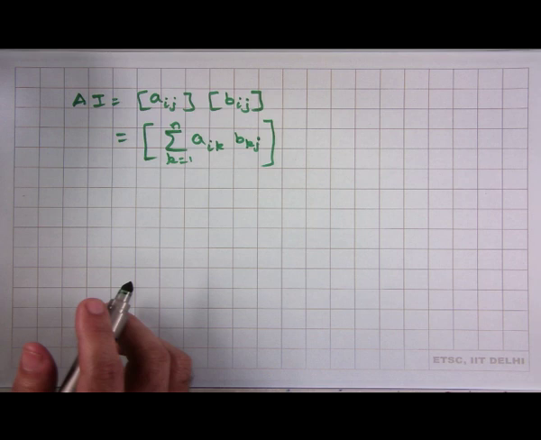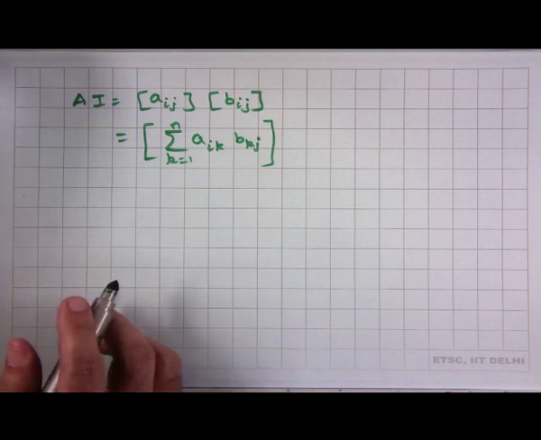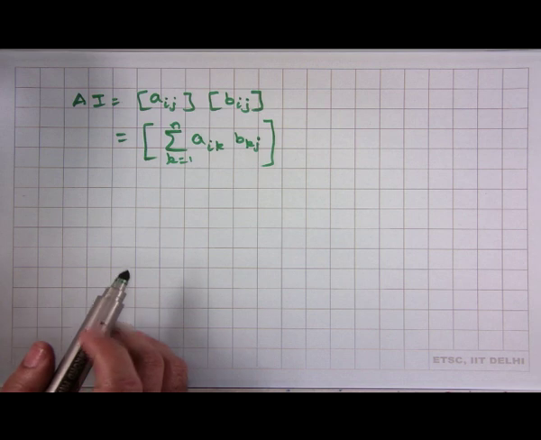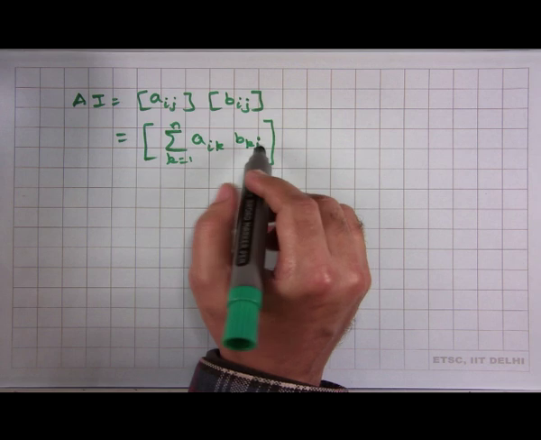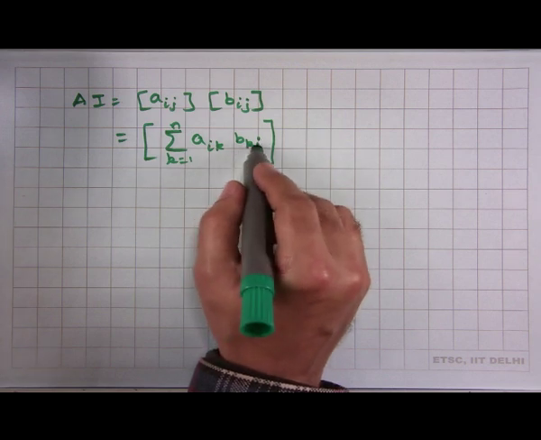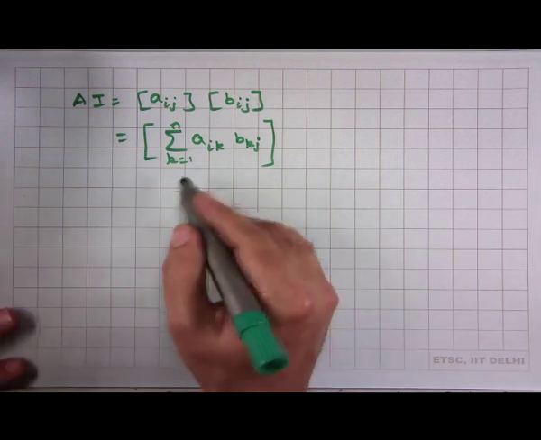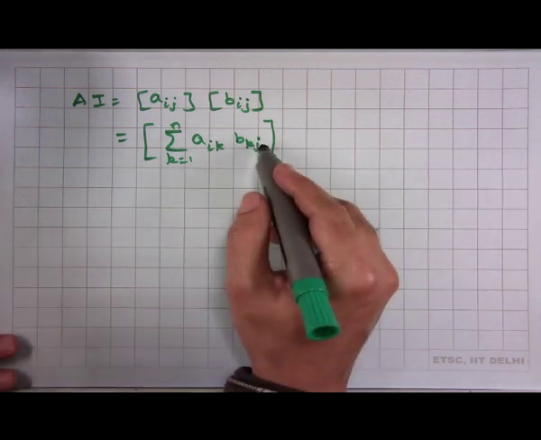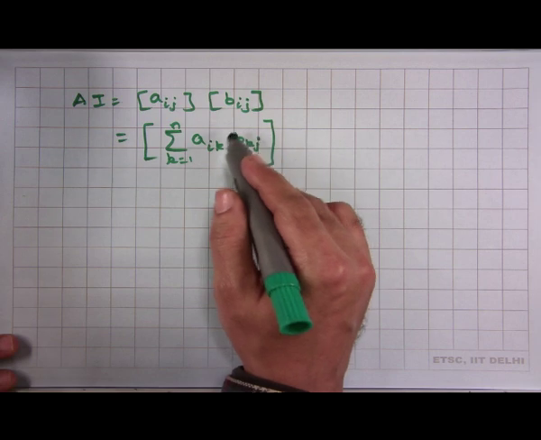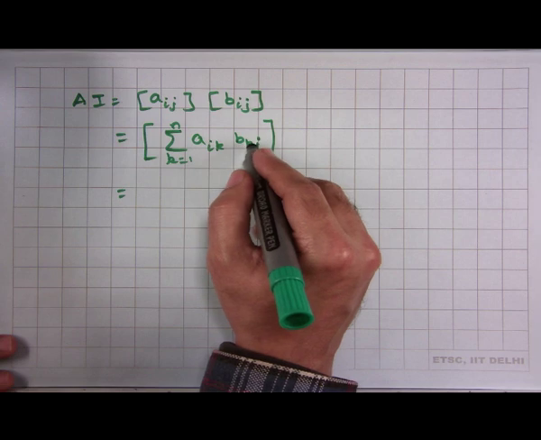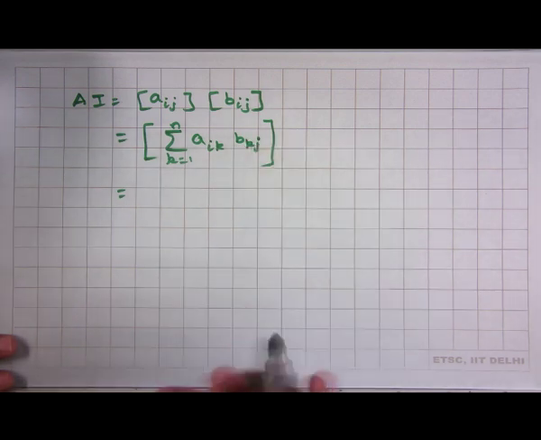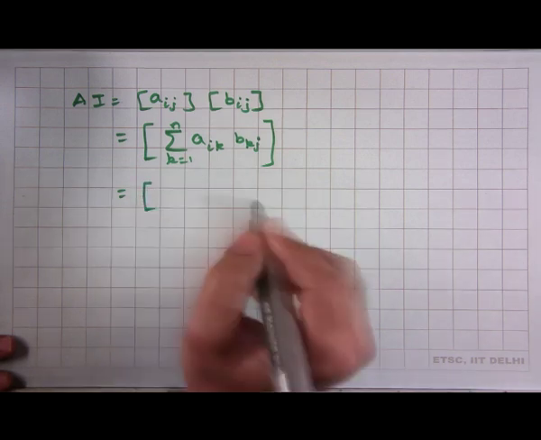Now, Bkj's are the entries of the identity matrix and therefore, this is 1 only if k and j are one and the same. So, unless k is equal to j, this is going to be 0. The only term that survives is Aij Bjj, while all other terms become 0.